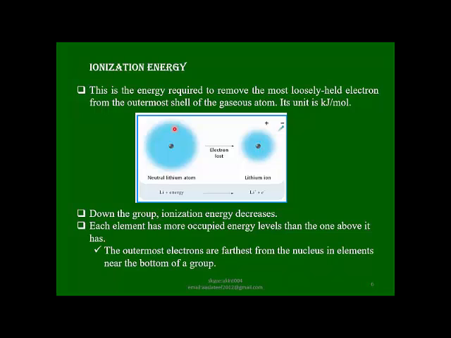And during the formation of a compound, electrons are either gained or lost or shared. So what guides whether an electron is going to be shared or lost is ionization energy, which is the energy required to remove the most loosely bound electron from the outermost shell of the gaseous atom. This is what we are trying to say.